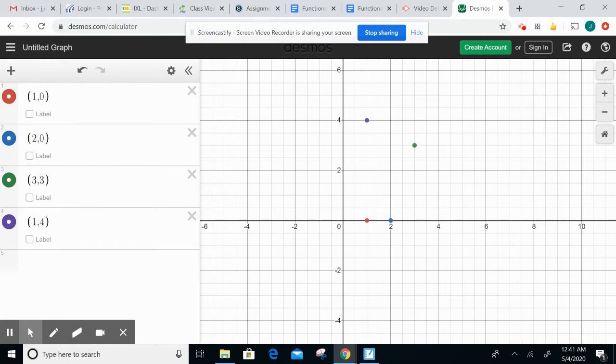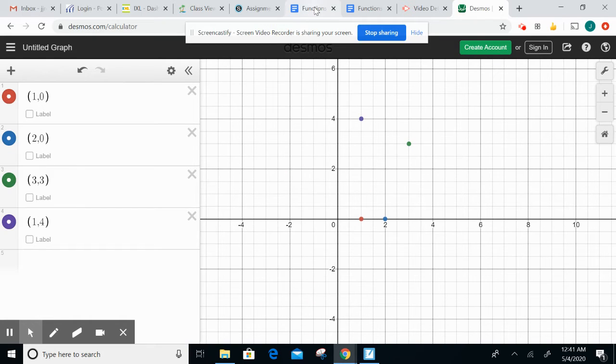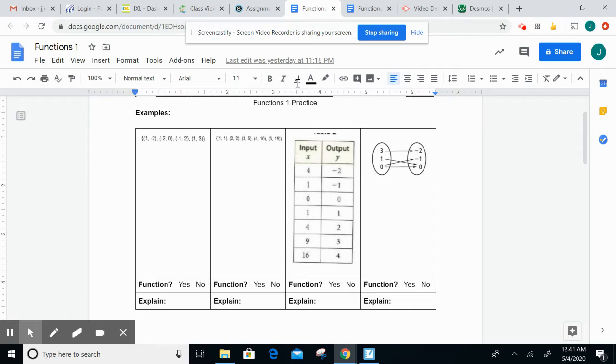Any points, any line, anything is considered a relation, but what we want to start to do is ask which relationships we are looking for. Do they have what's considered a special relationship? Is it a function? So that's what we're looking for, and it says function, yes or no.